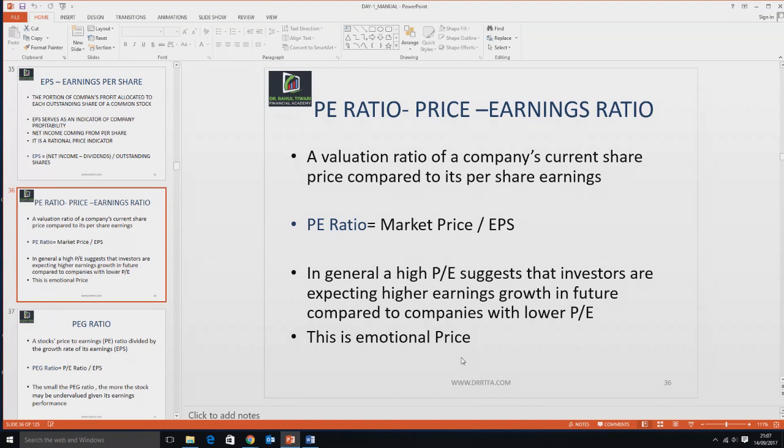If a company has a high PE, it suggests that investors are expecting very high growth in future compared to companies with lower PE. For companies with lower PE, investors have little expectation, and on the higher side, companies with higher PE have very high expectations that the earnings per share, or the profits they are supposed to make, will be tremendously big.